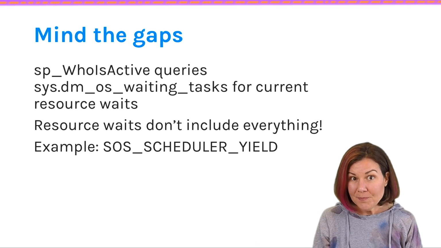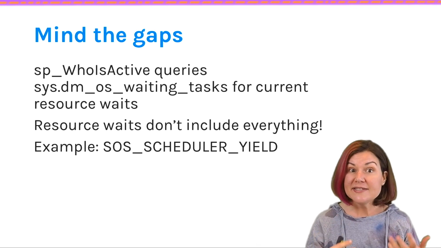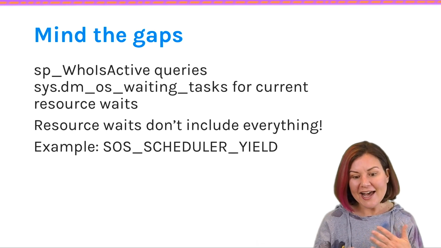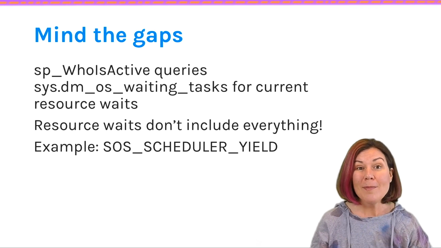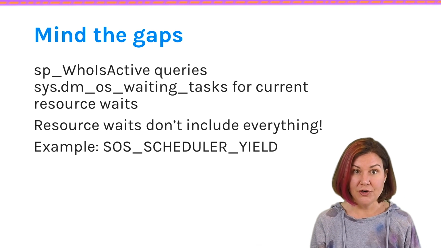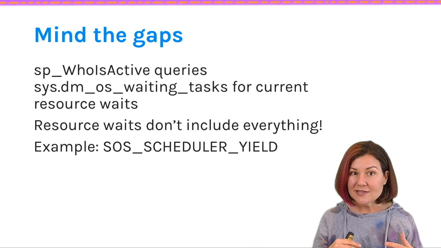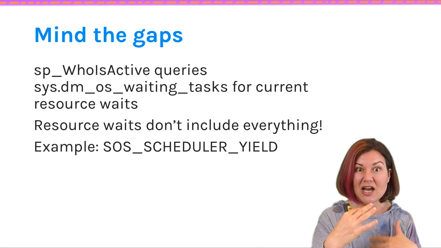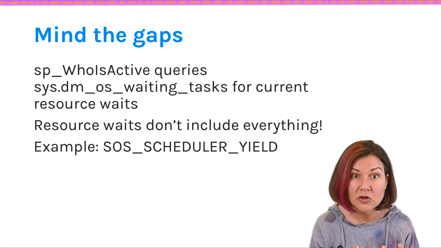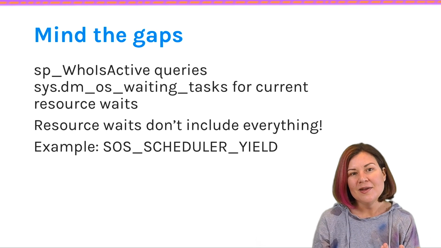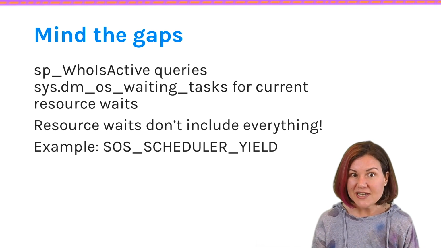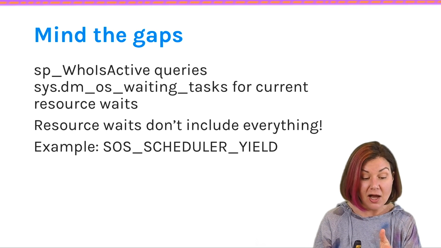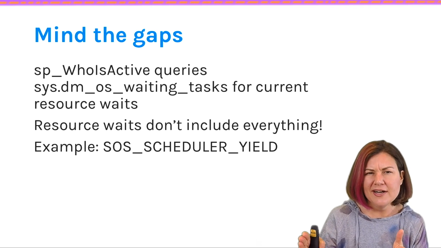For example, there's a wait called SOS_SCHEDULER_YIELD. This isn't a resource wait. It has to do with the cooperative scheduling in SQL Server. Your queries, behind the scenes, after they spend some time and do some work, they voluntarily yield the CPUs because it's not just first in, first out. I mean, right, I might have one query that starts at 5 o'clock and it's a really long query and it takes a lot of time.